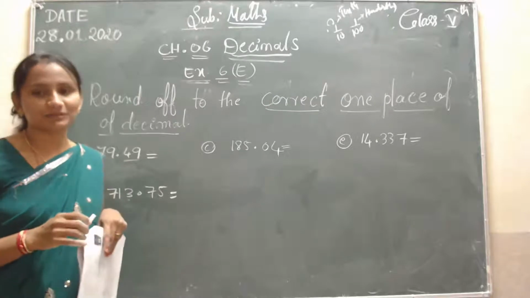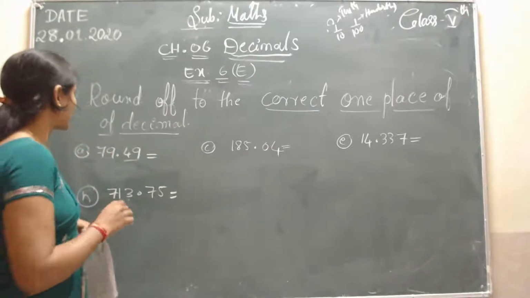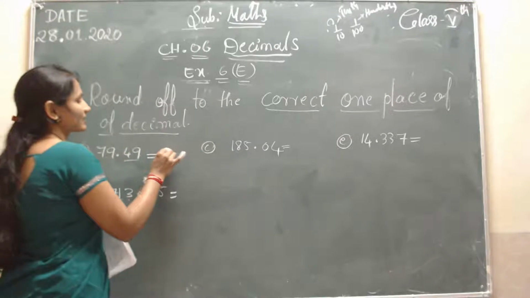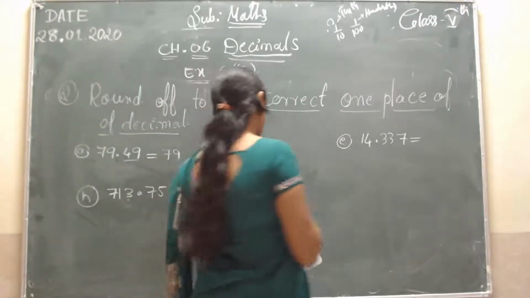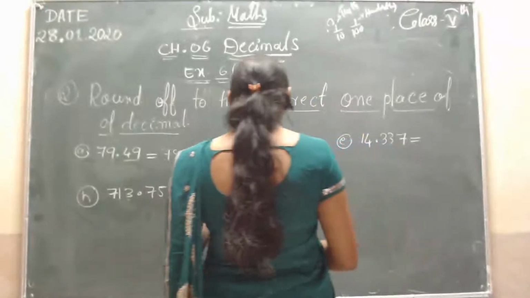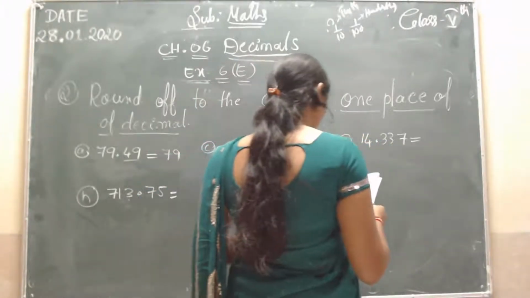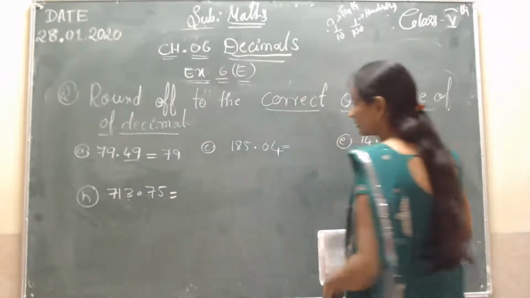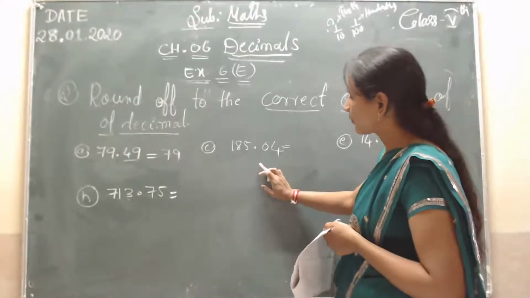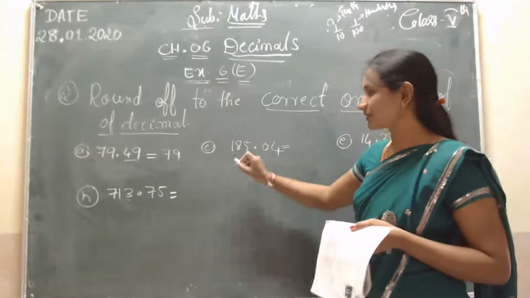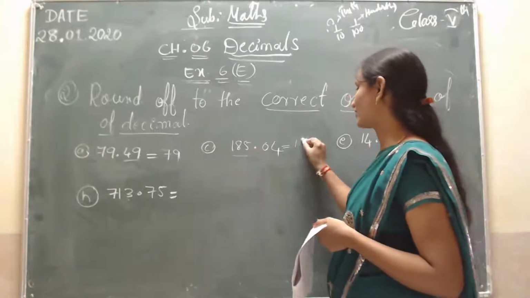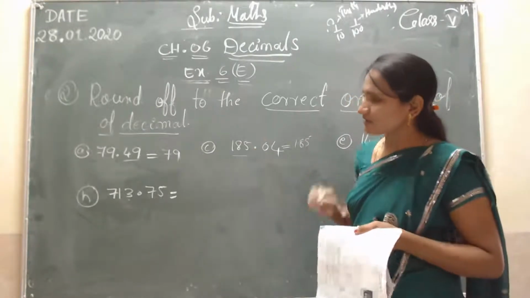This is a weaker number. Yes, students, this is a weak number, so you have to write it as it is, that is 79. After that see 185. 185 means this is 185.04. 0 is a weaker number. Yes, you have to write the round off nearest as 185. So that also is the same, students.